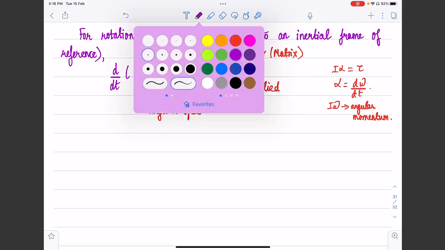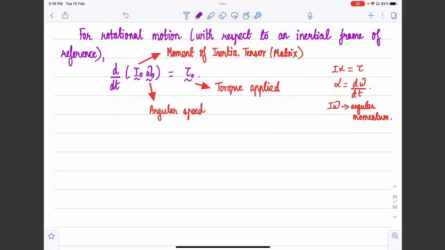Now, what happens when we want to write the equation of motion for rotational motion with respect to a non-inertial frame of reference? Many times we are going to do that, particularly in the next module when we deal with lateral dynamics.